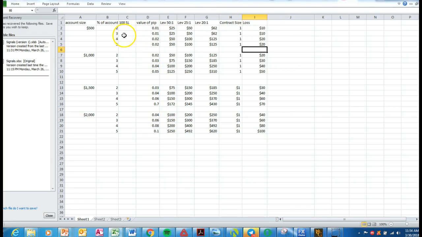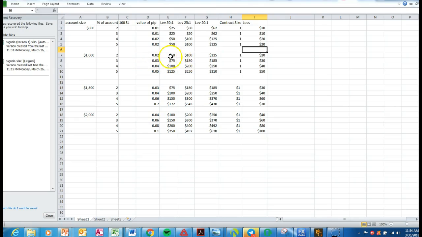If you're trading 3%, I would still trade only 10 cents a pip. If you're trading 4%, it would go up to 20 cents a pip. If you were trading 5%, you would still be at 20 cents a pip. As your account increases and you get to $1,000 and you want to trade 2% of that, you would start at 20 cents a pip.